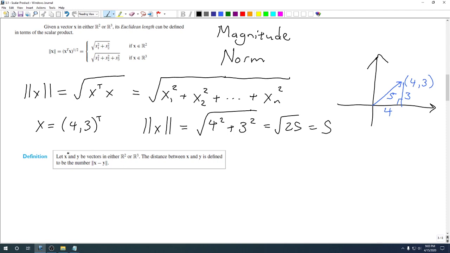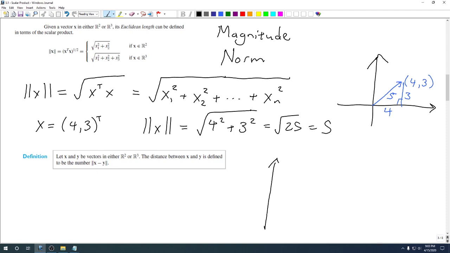We can also use this idea to talk about the distance between points. So here, if we're thinking about x and y as vectors, or as points where their endpoints are, where they start at the origin and end up at points x and y, then we can talk about the distance between those 2 points.